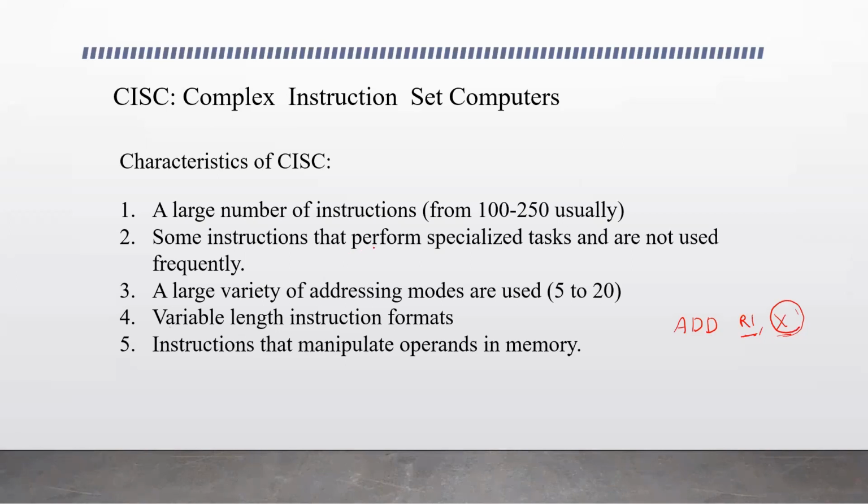A large variety of addressing modes are used, and variable length instruction formats, because any instruction can have a register address or memory address, and can have different addressing modes. Even different types of instructions with 0 address, 1 address, 2 address, and 3 address are allowed here.